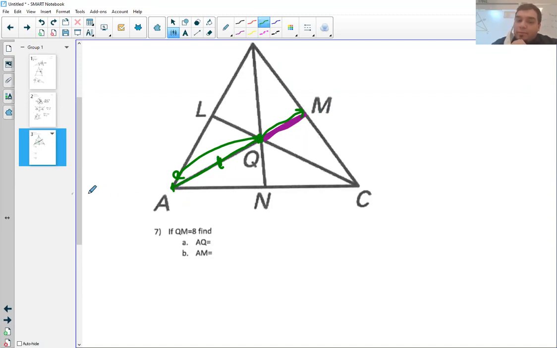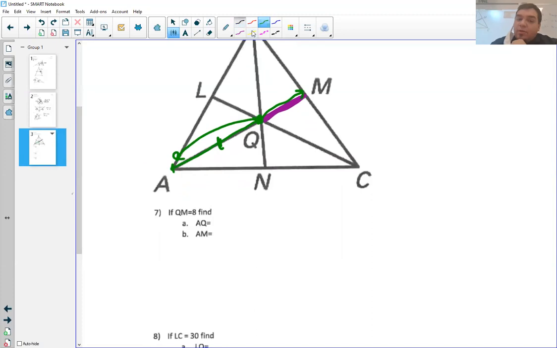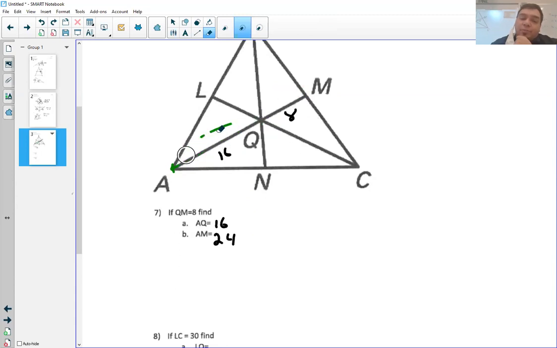So AQ is 16, which should be double QM, and then AM is 24. If this one's 16 and this one's 8, terrific, all over should be 24. So remember, from the side, it's half of the corner version.